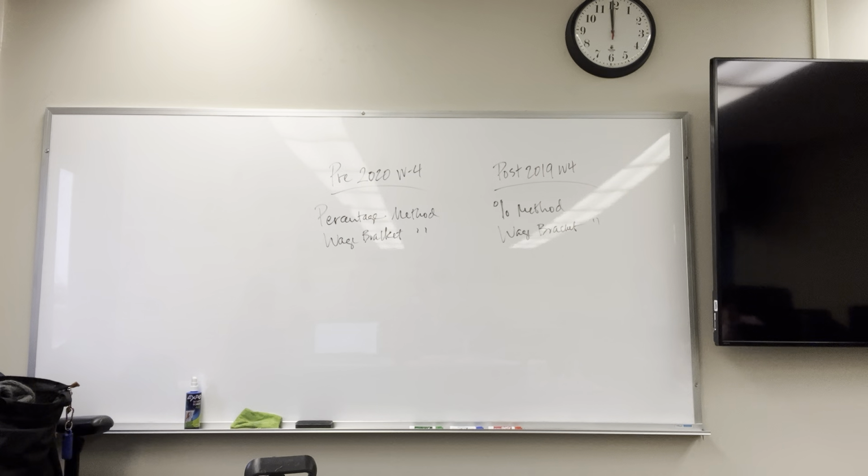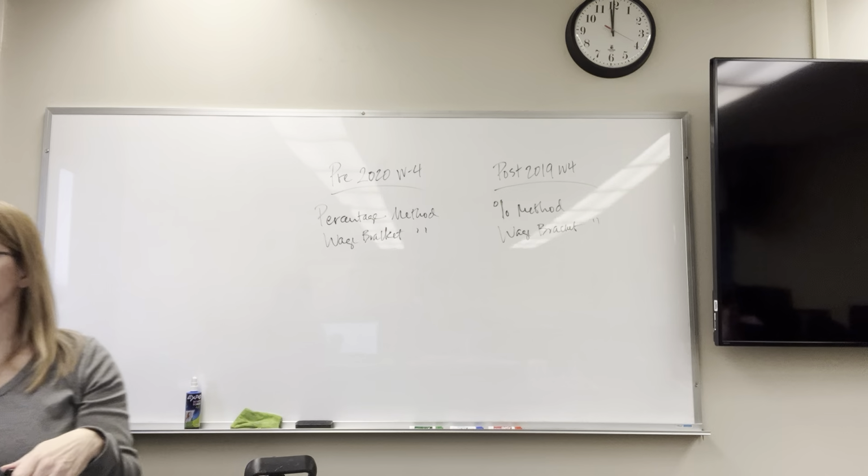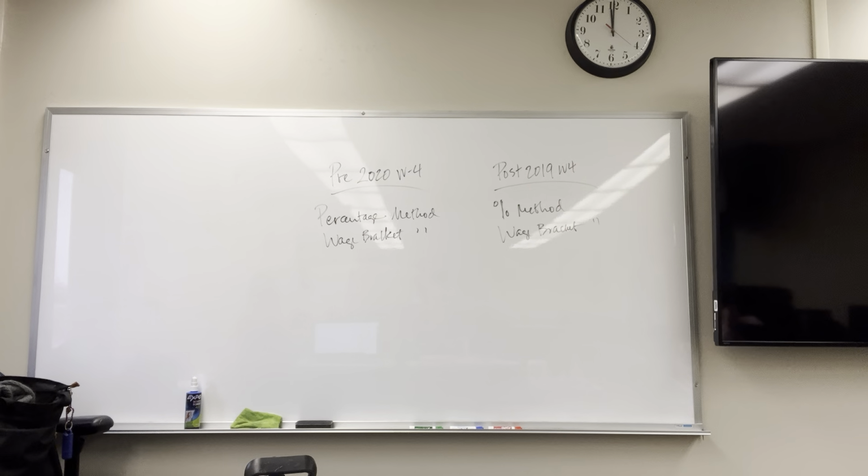We use that when wages exceed, when they're off the chart. The wage bracket method, we can use that table to determine how much income tax withholding per pay period. The percentage method is a little bit more involved calculation. We use that when the wage is off the charts.